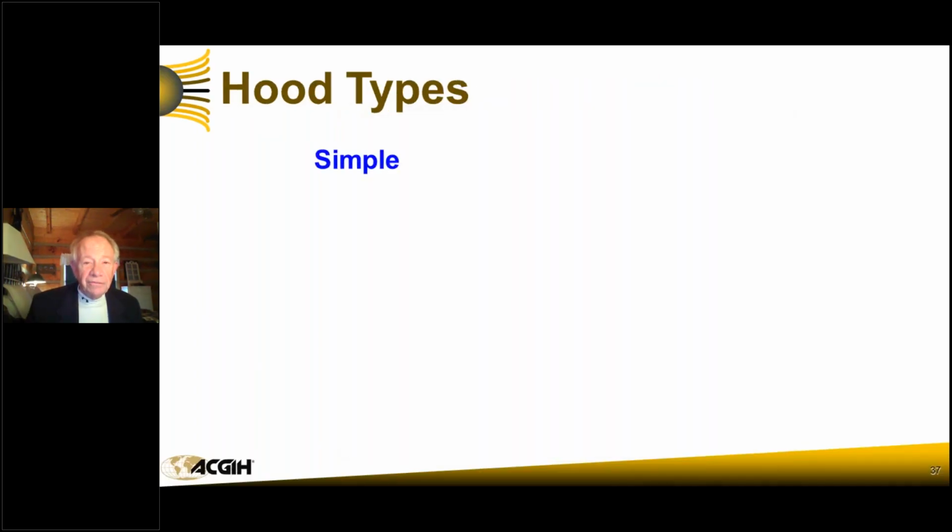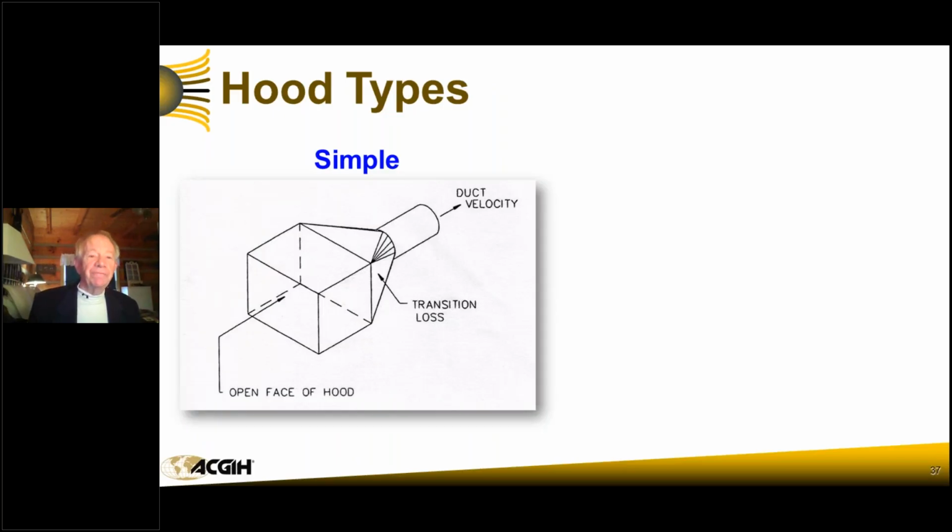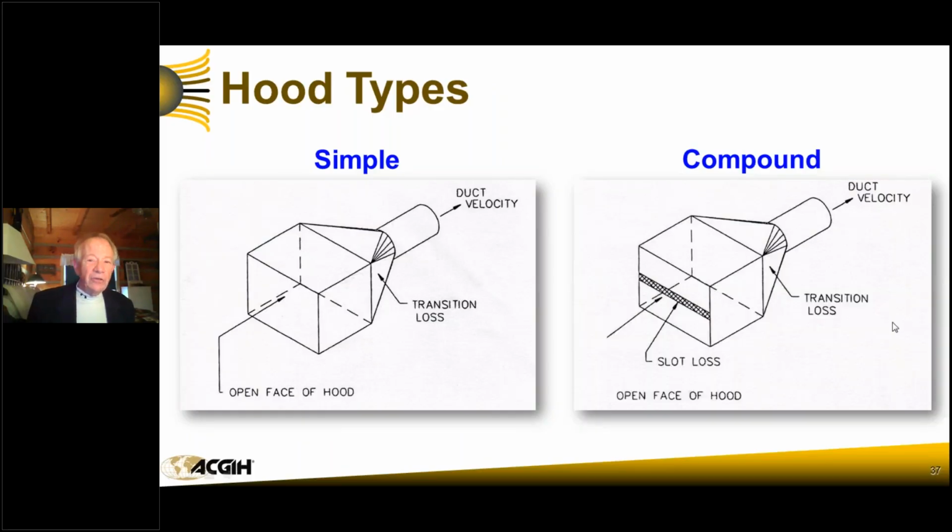Hood types. We have a simple hood and we have compound hoods. These are two different kinds of hoods. The compound hood is one that you just saw that had a slot in it. The compound hood has a slot loss and a point of acceleration where air is coming from standstill up to full velocity of the slot.